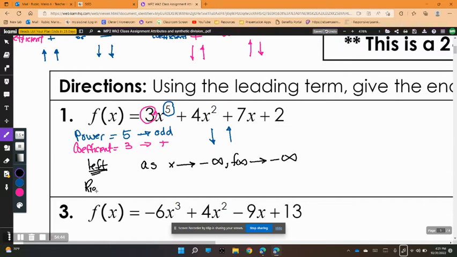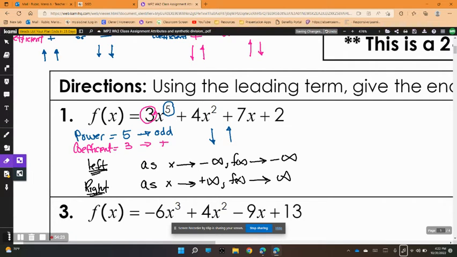And then to describe the right side of the graph, we use this phrase: as x approaches infinity, then f of x approaches, and what do we say? The arrow's pointing up, so that's positive infinity.